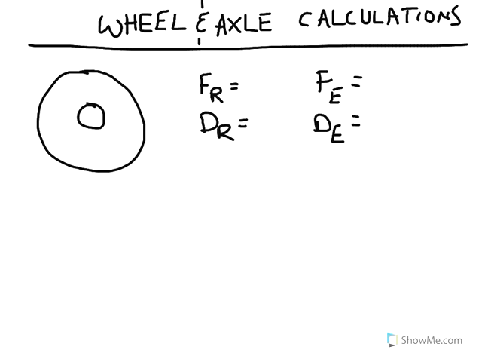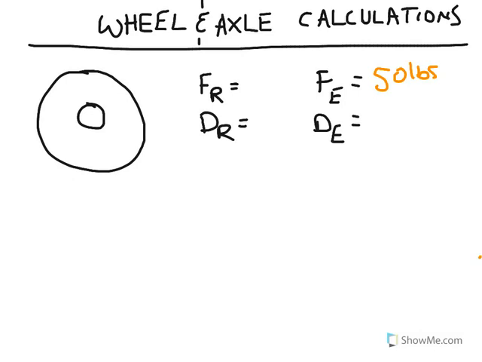Reading this problem again, the industrial water shutoff valve is designed to operate with 50 pounds of effort force. Well, that's pretty easy. Effort force is 50 pounds. The valve will encounter 400 pounds of resistance force.